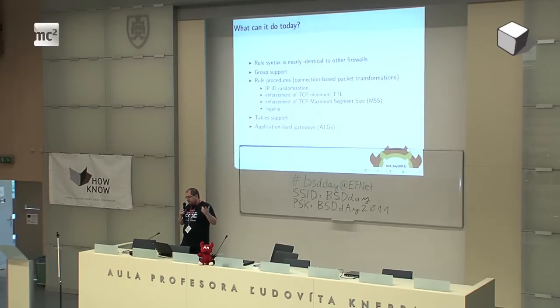We have table support, I already talked about that, and we have the application level gateways, which are basically modules manipulating the state table for your applications. So for example, when you do a traceroute, it usually needs an additional port. So if you filter out everything on the firewall, your system won't be traceroutable. And I know many people who just drop everything in their firewall, and I think that's a good solution.